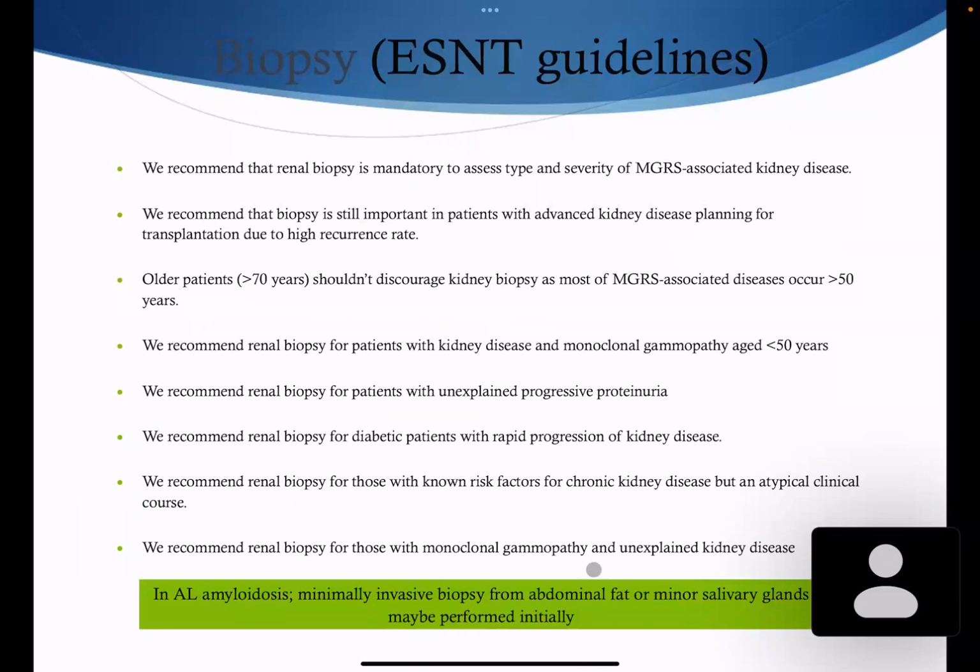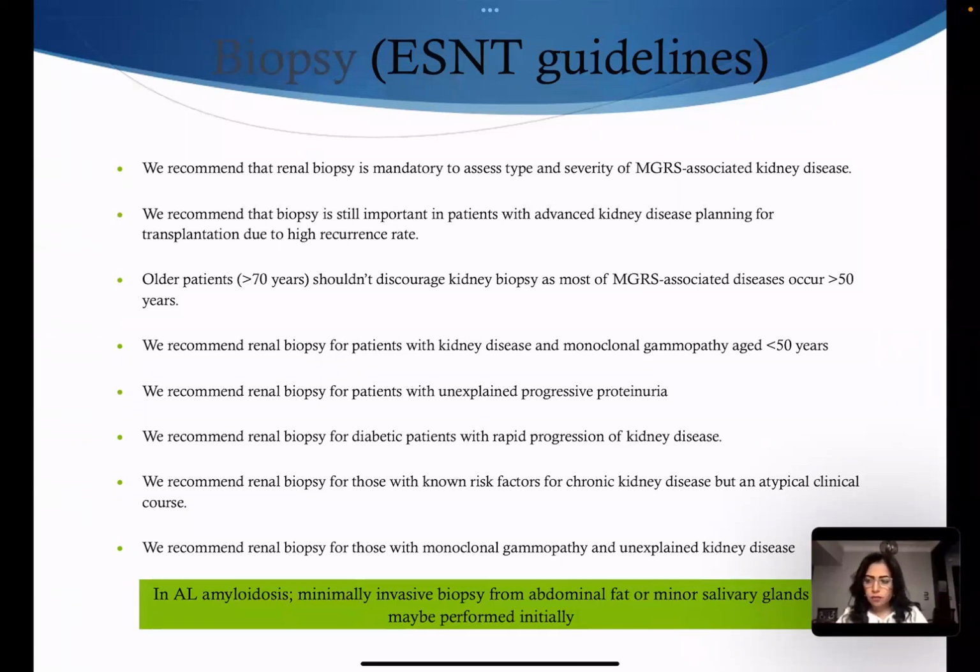And the biopsy is to be done in most of the cases. And you might have a minimally invasive biopsy from the abdominal fat or the gum or the salivary gland instead of taking the biopsy from the kidney if you suspect AL amyloidosis or if you have proof of that, because if you have Congo red positive staining in these sites and you can type them with immunofluorescence or immunochemistry, then you can get your diagnosis.